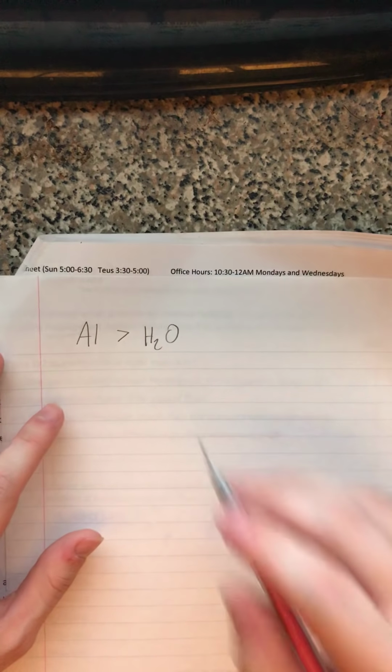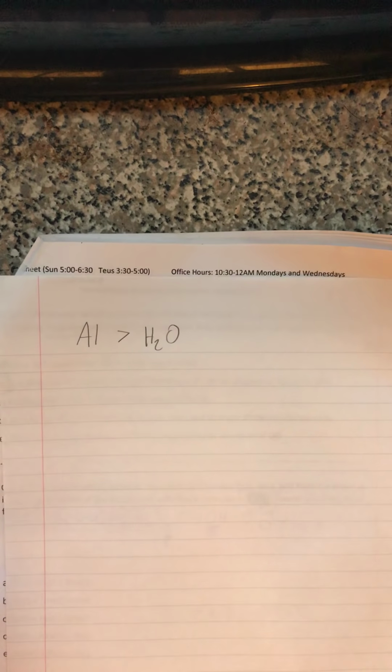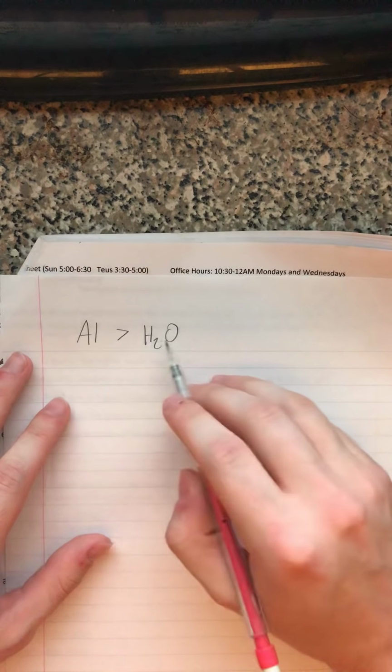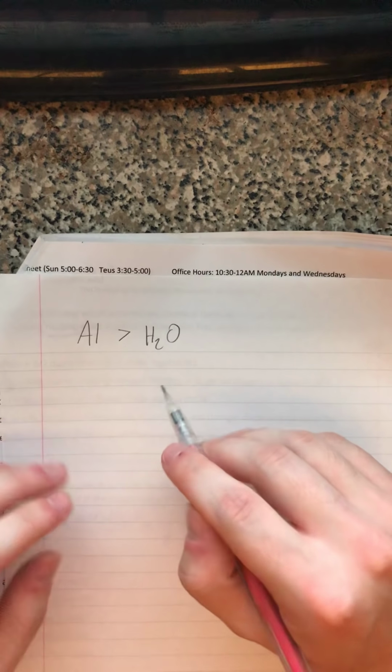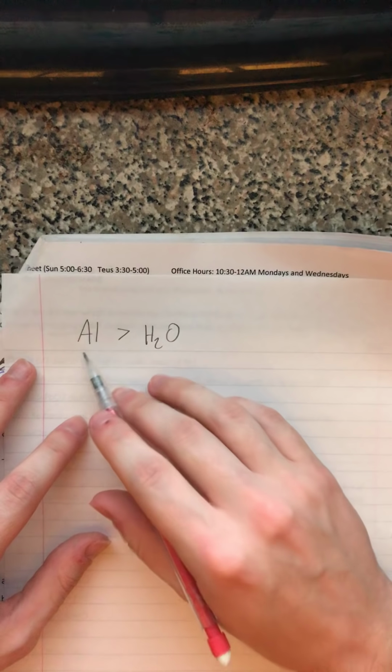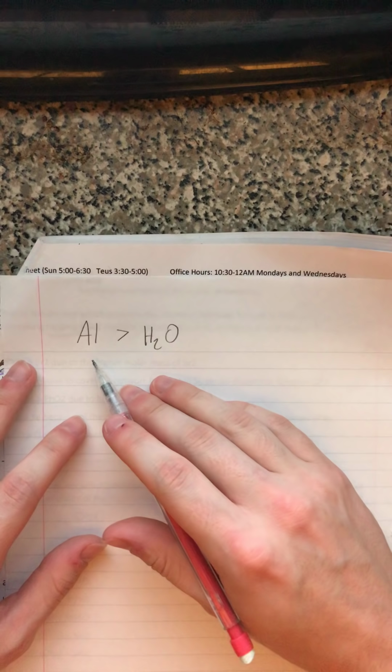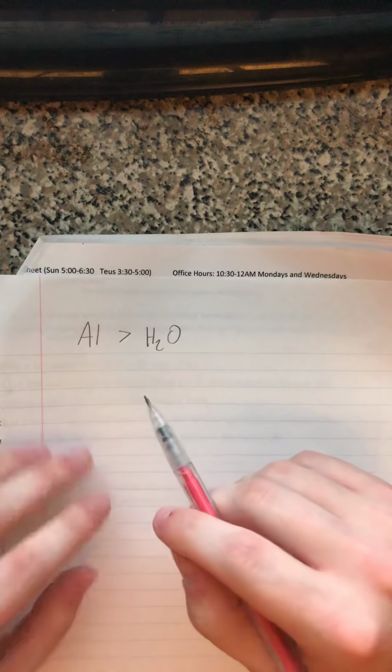H2O is 18 and aluminum is like 26 or so. They're not far enough apart that you would say aluminum is way heavier, so it's got to have the higher melting point.